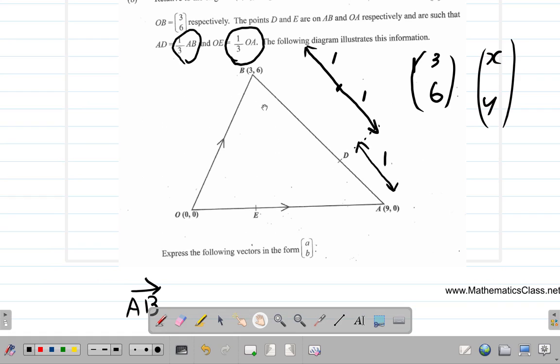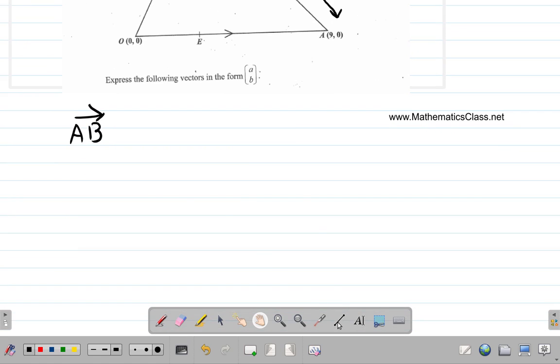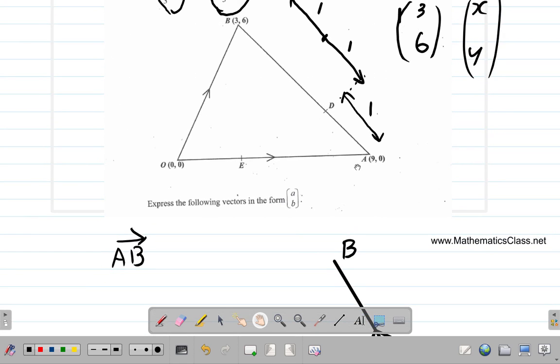From A to B. If we go from A to B, we're going from (9, 0) to (3, 6). Now, what we could say here, since AB would be the resultant of 2 other vectors. We have A here and B here. It is the same diagram I'm copying.